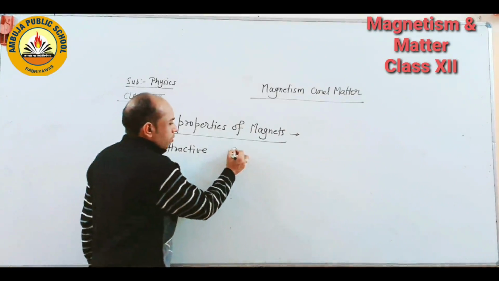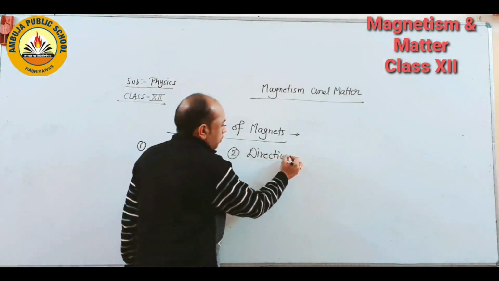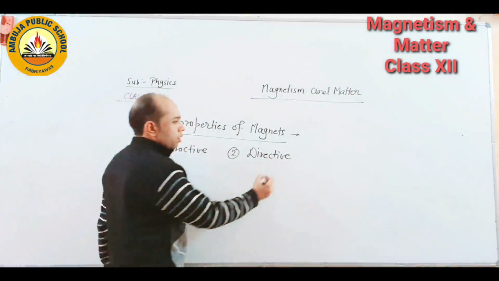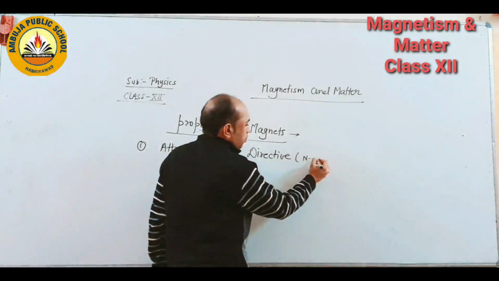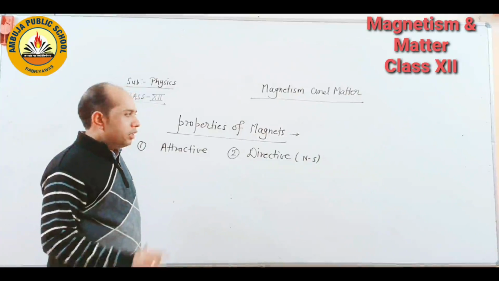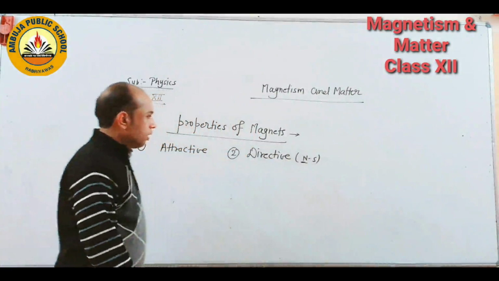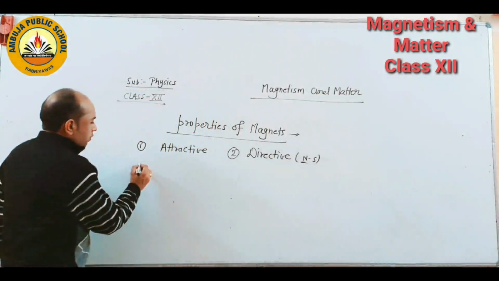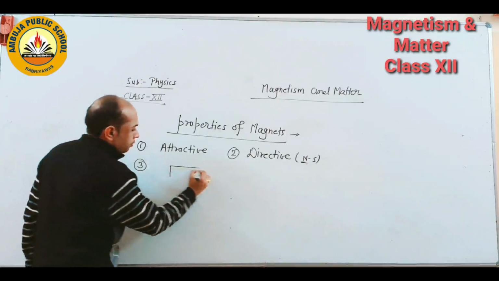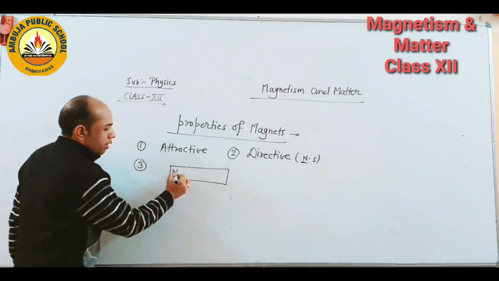Second one is the directive property. That means it shows the direction north and south. When a magnet is suspended freely, it always points towards the north direction. Third one, if we make a bar magnet, every magnet has two poles, north and south.